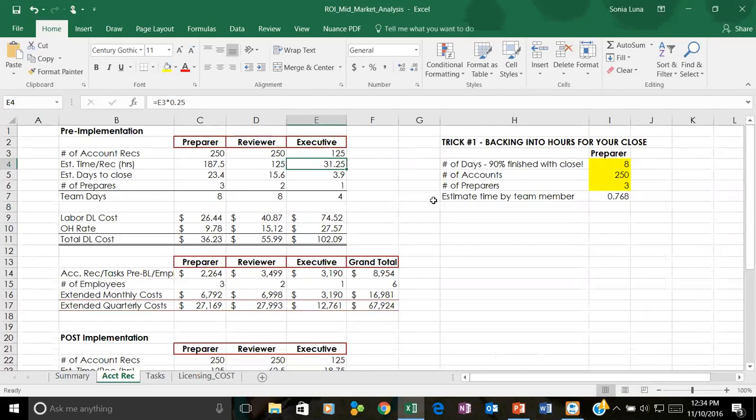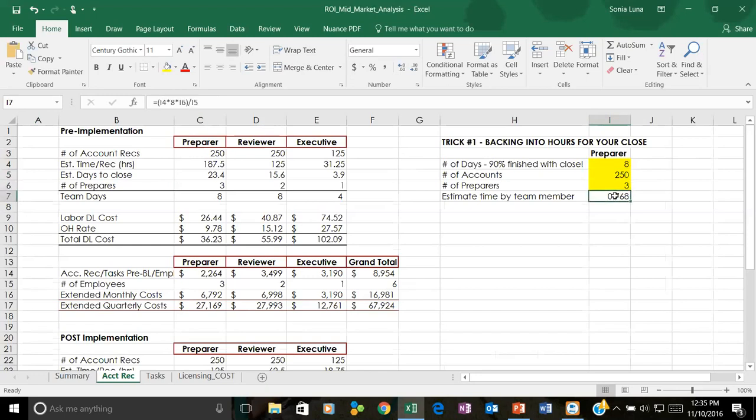Now, let's say you don't know the estimated time. Let's say you know the days it takes. Here's a quick trick to back into the estimated hours it takes per line item. If you know your prepare role is 90% finished 8 days after the close, in other words, they're working nonstop to get that up to 90% done after 8 business days, you know the number of recs that they're working on based on the total preparers involved, and you know the number of team members.